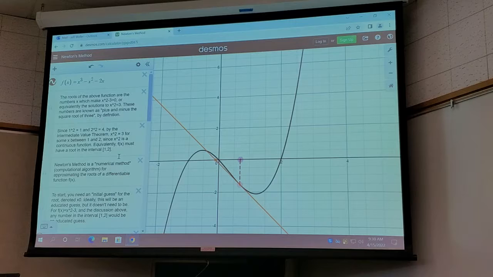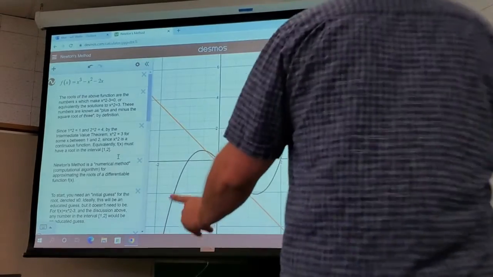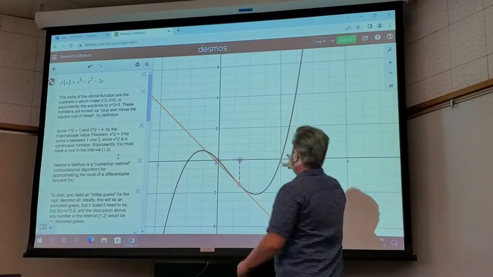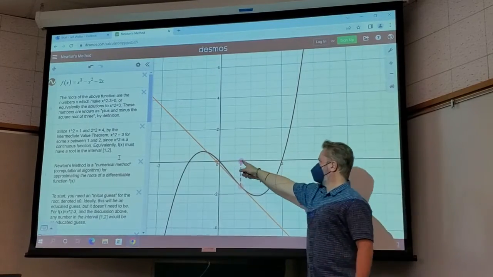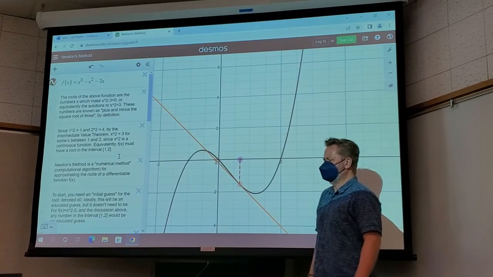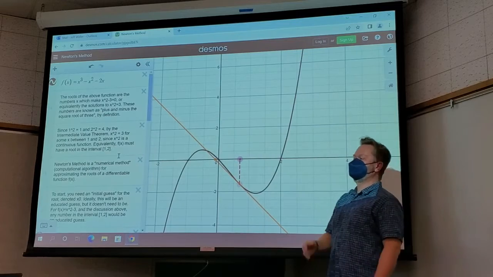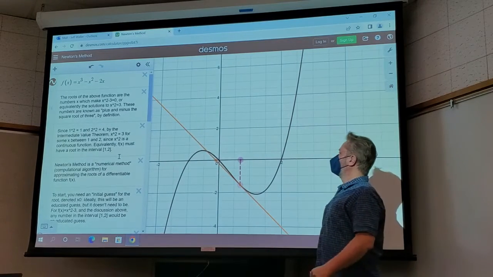So, let's say I'm trying to get that root. Is this a good first guess? No.